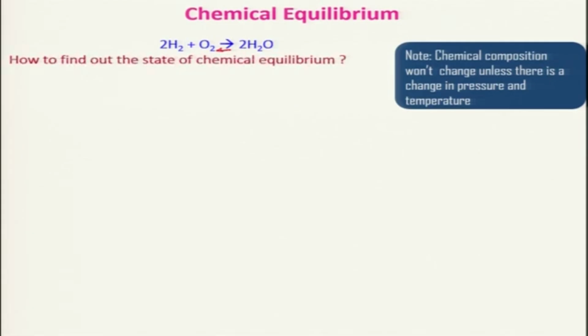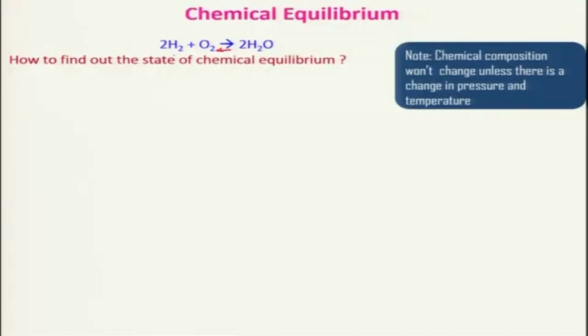And how to find out the state of equilibrium is a question, because for finding out the adiabatic temperature we need to know the equilibrium products, and also their mole fraction or mass fraction should be known, such that we can get the adiabatic temperature. For example, in this hydrogen oxygen system, the product need not be only water.